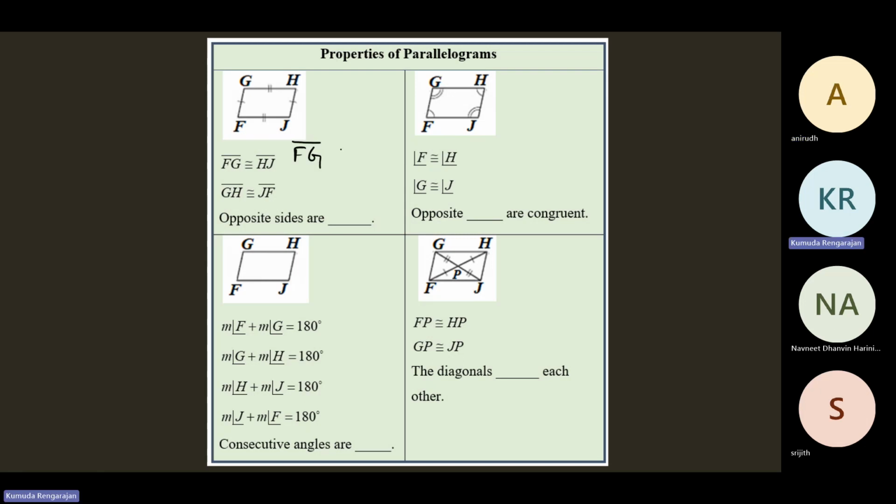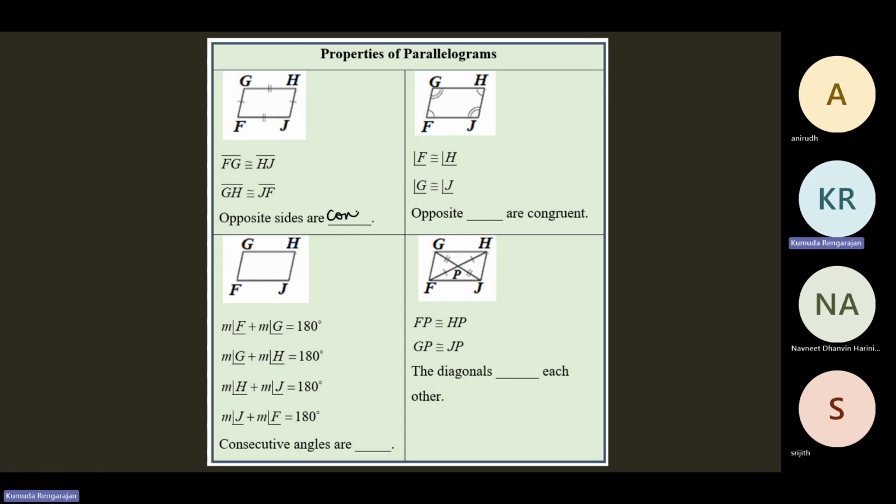If the information was given like FG is equal to HJ, with the equality sign, you can say opposite sides are equal. But since they've used the congruency symbol, say opposite sides are congruent. If you've written equal, you're right, it's not wrong, but you should write congruent in this case.